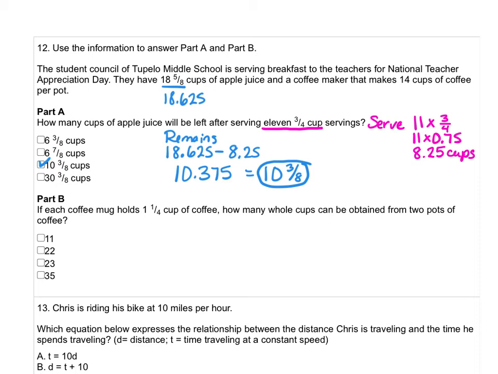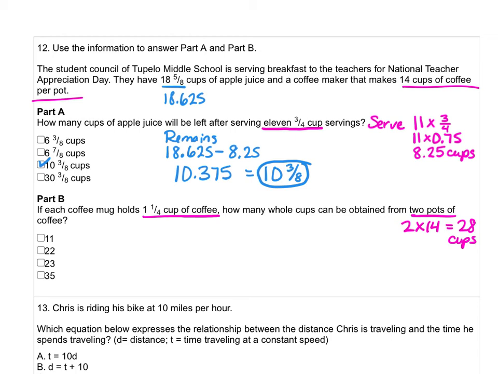If each coffee mug holds 1 1/4 cup of coffee, how many whole cups can be obtained from 2 pots of coffee? Well, it makes 14 cups per pot, so 2 times 14 means that it makes 28 cups. And we want to know how many cups, when it's talking about a mug of coffee, it can hold.